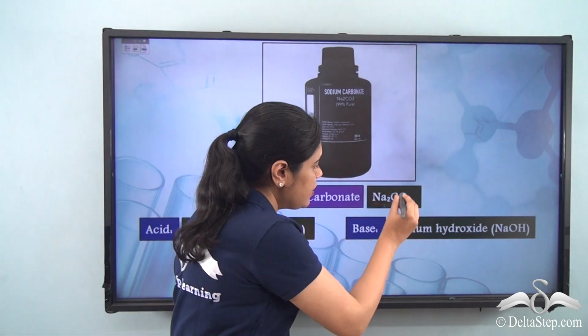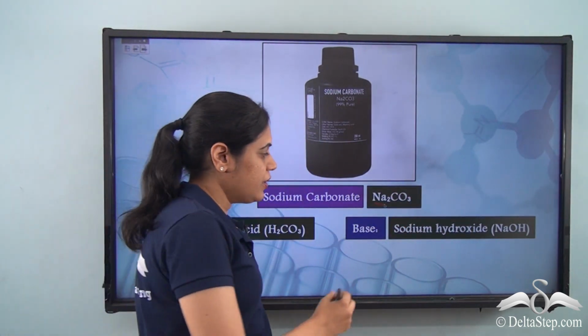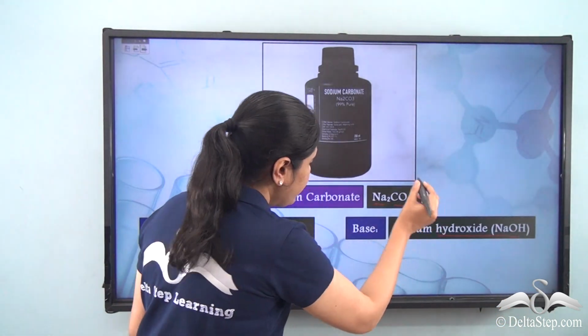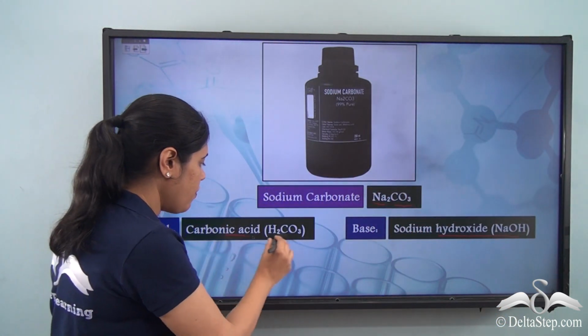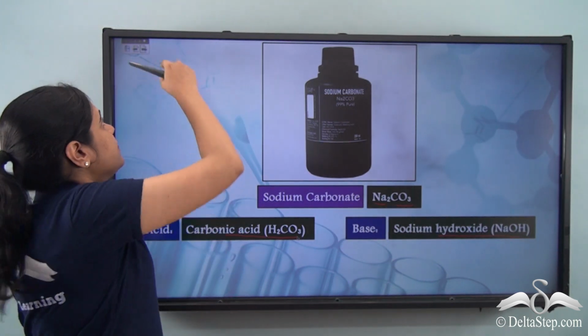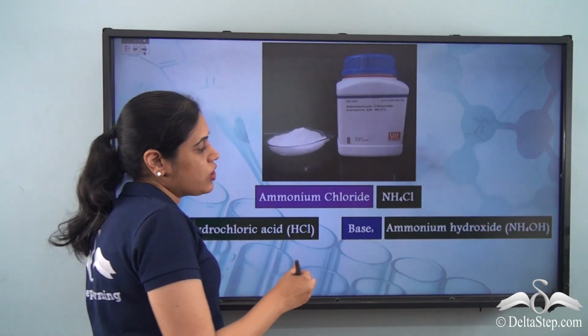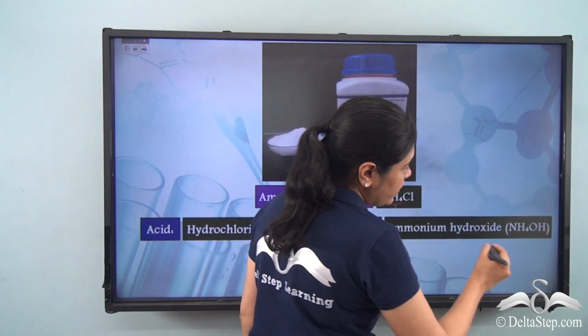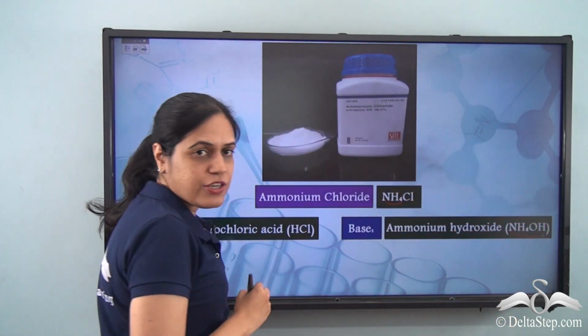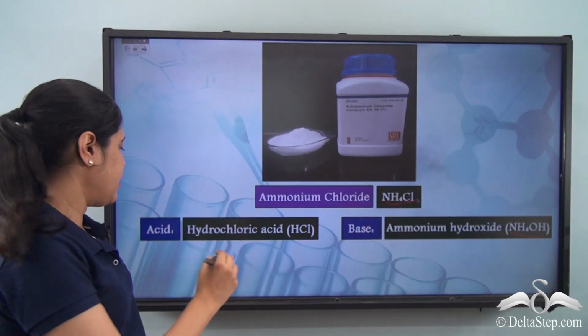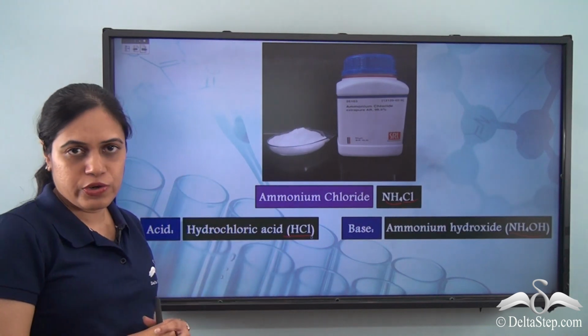Once again, the sodium ion is obtained from the base sodium hydroxide and the carbonate ion is obtained from carbonic acid. Ammonium chloride. The ammonium ion is obtained from ammonium hydroxide, which is a base, and the chloride ion is obtained from the acid hydrochloric acid.